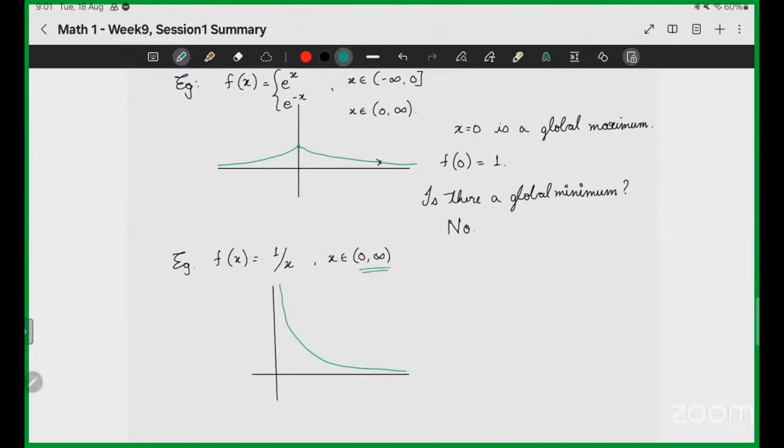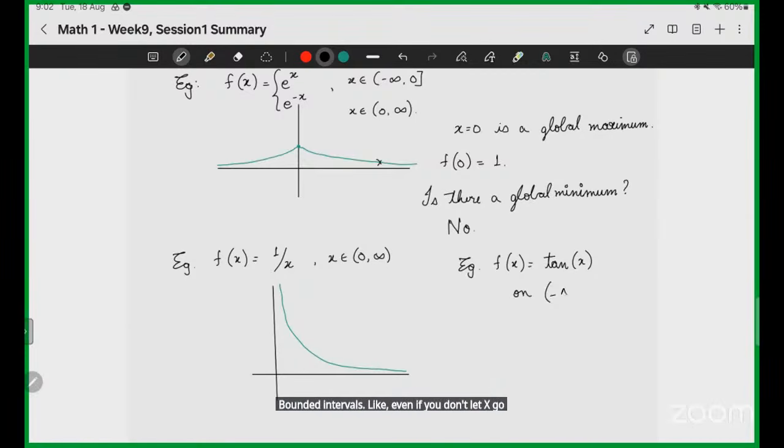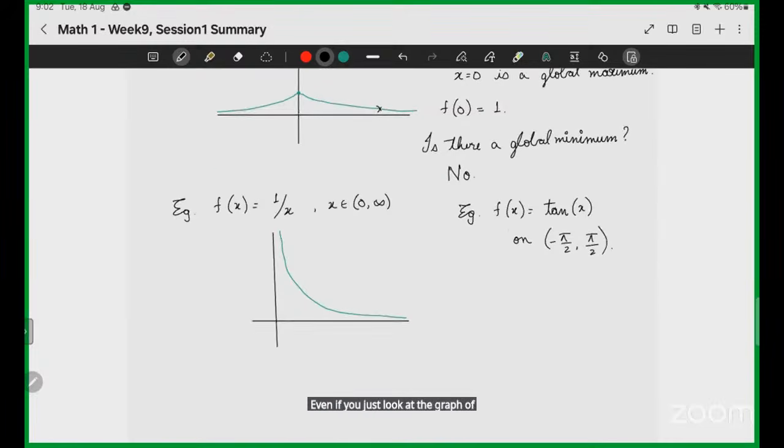And this is not just because there is infinity at the end. This may as well happen for a well-behaved function too, even on bounded intervals. Even if you don't let x go off, even if you just look at the graph of tan x on minus pi by 2 to pi by 2, what is the graph?